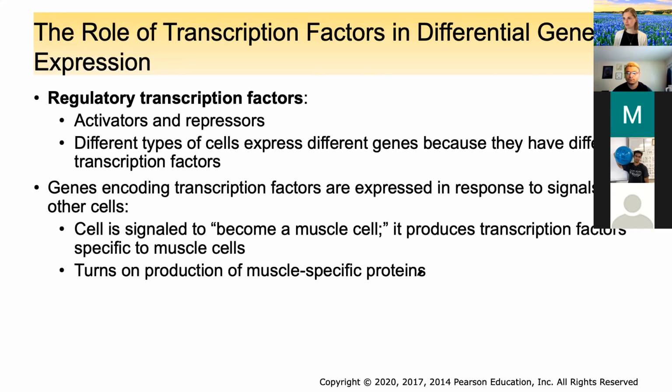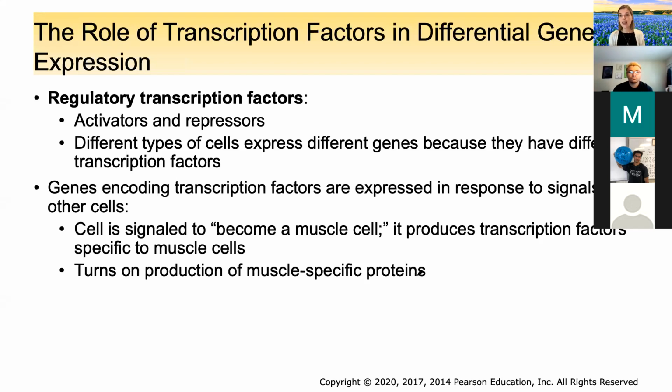And then just pulling it all together. This is a reiteration of where we started: it's the presence of these transcription factors within the different cell types that allows a muscle cell to be a muscle cell and a nerve cell to be a nerve cell. So transcription factors are not going to be the same ones found in all of the cells.